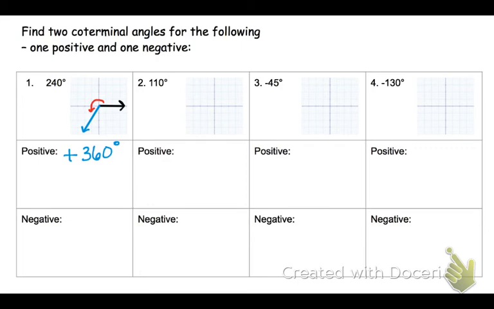So I'm going to take 240, add 360, and get 600 degrees. 600 degrees is a positive coterminal angle with 240.